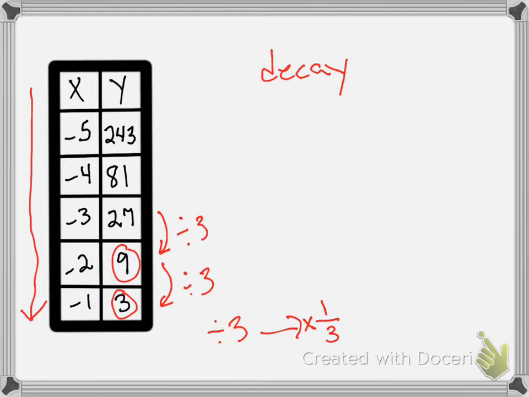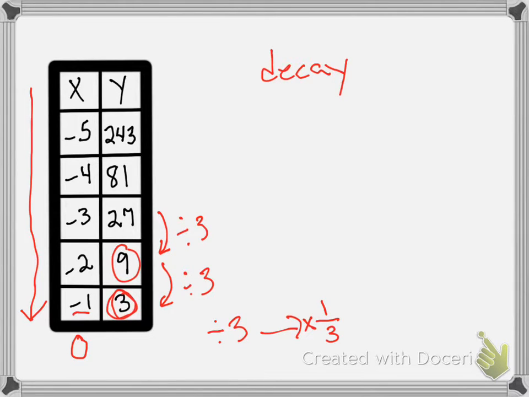Now, we don't have our y-intercept in this table, okay? But we see the x values begin at -5 and stop at -1. So we need to continue that pattern just one step further to get our y-intercept. So 9 divided by 3 gave us 3.